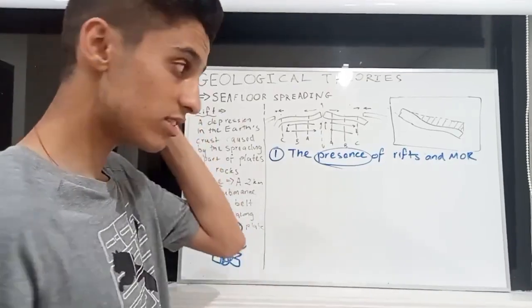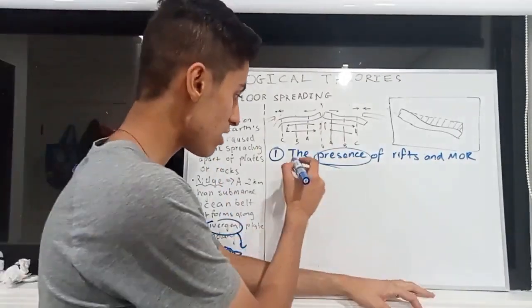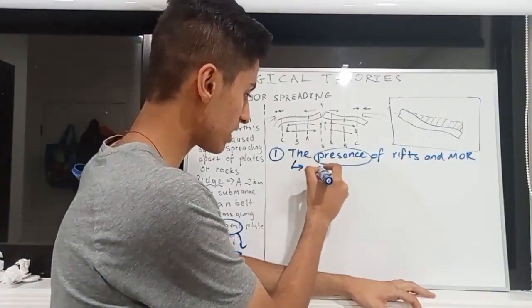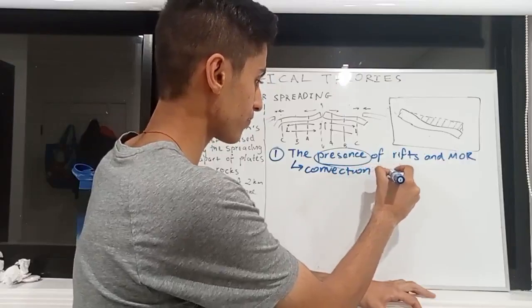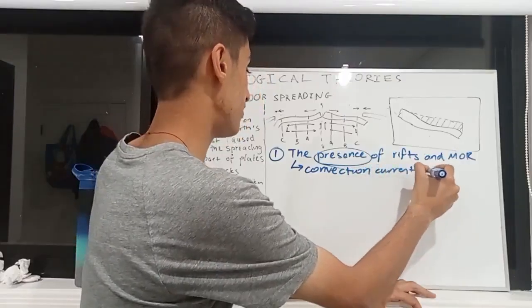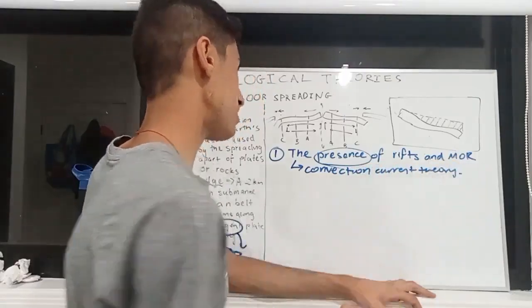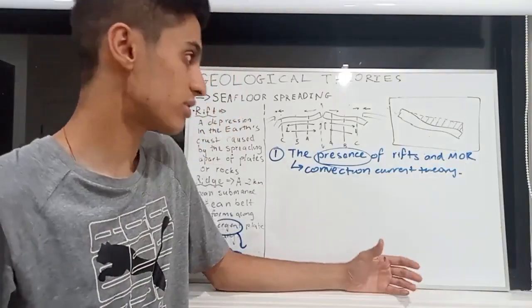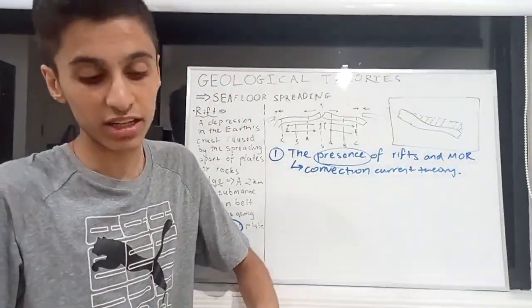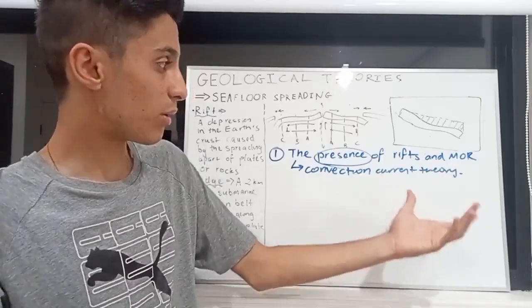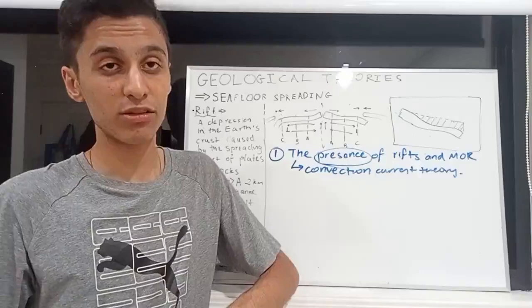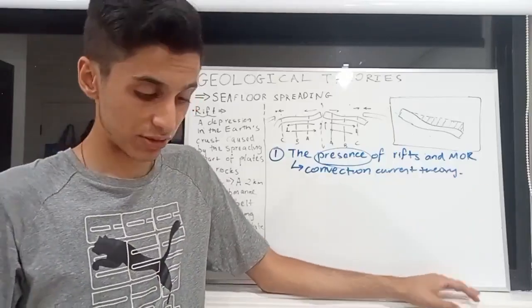So really, the presence of rifts and MOR sits very nicely with the convection current theory. It fits very nicely, which explains why this seafloor spreading theory can be. That's just how mid-oceanic ridges are evidence for seafloor spreading.